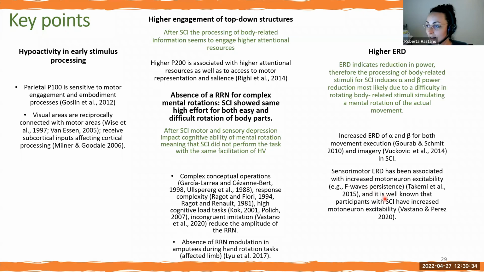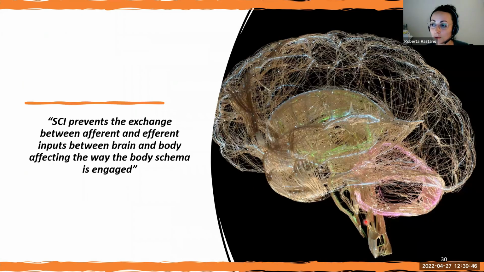And it's known that SCI participants have increased motor neuron stability, both in amplitude and persistence. So the message to take home today is that SCI prevents the exchange between afferent and efferent inputs between brain and the body, and this may affect the way the body schema is engaged.